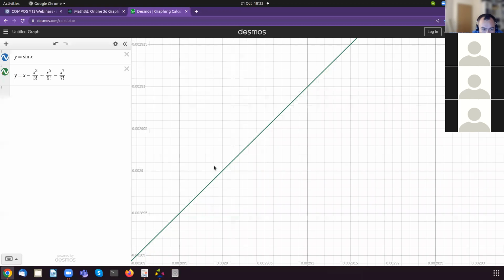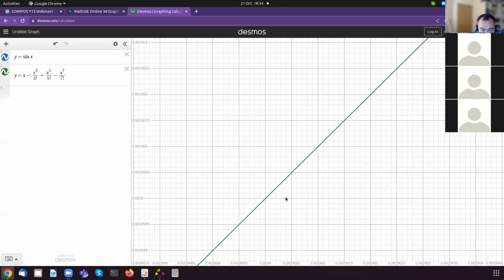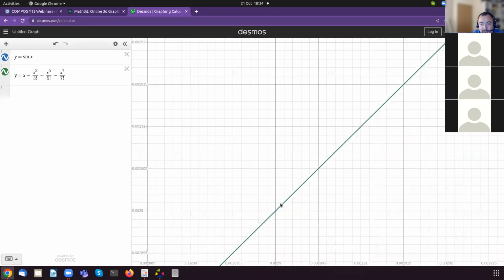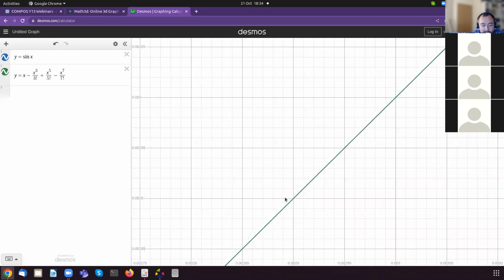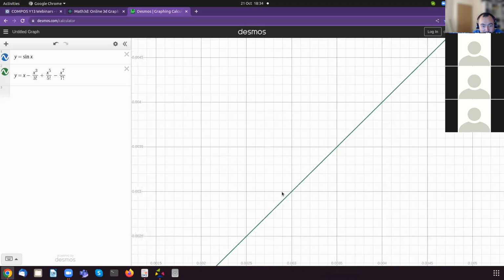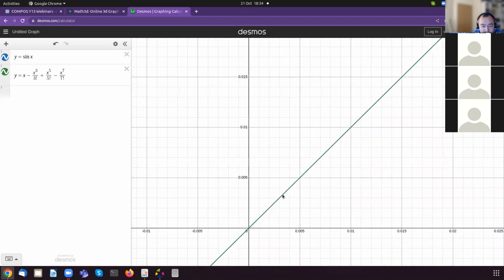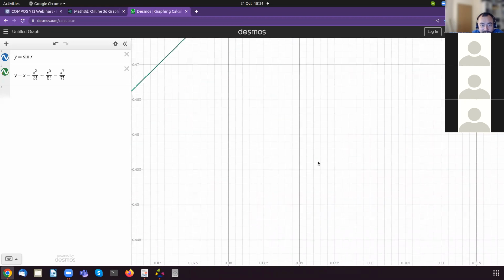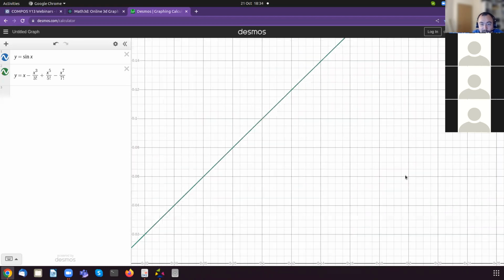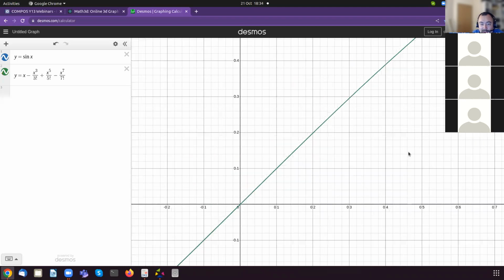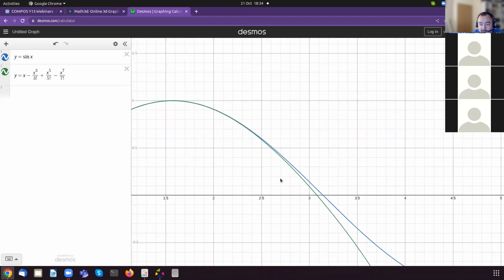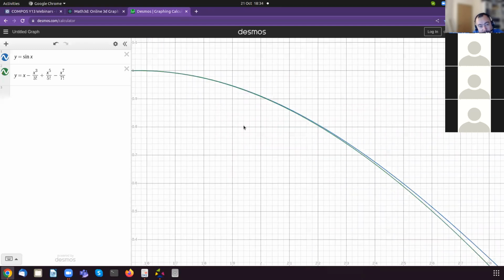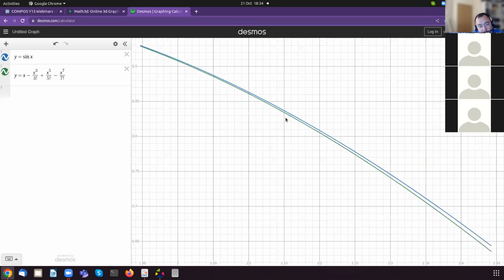Zooming in, I can't see a difference between them. For small values of x, this is a very good approximation. The bigger the value of x, the more the discrepancy between the two. Like here, it's quite far apart.